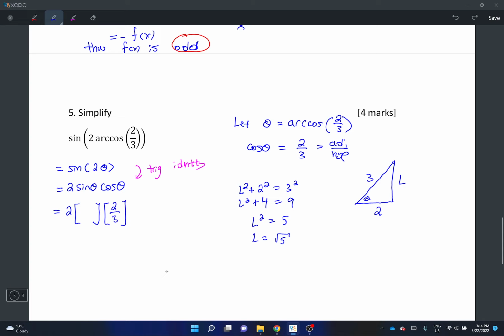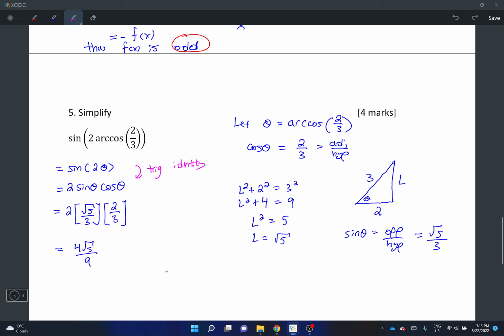Okay, let's get the sine of theta. Sine of theta is opposite over hypotenuse. The opposite we just found is root 5. That hypotenuse is 3. So I'm going to plug that in, root 5 over 3, and then simplify. 2 times root 5 times 2, so that's 4 root 5, and 3 times 3 is 9.